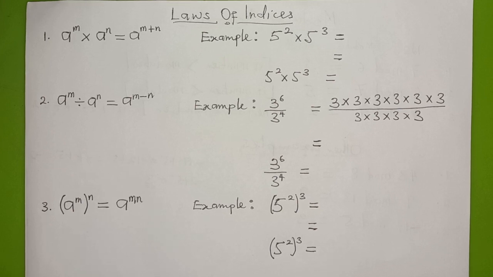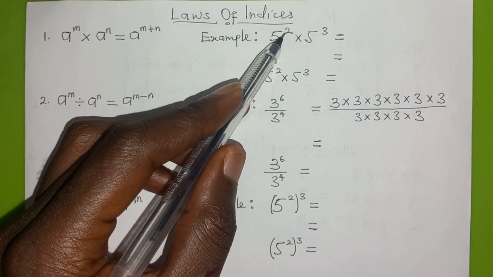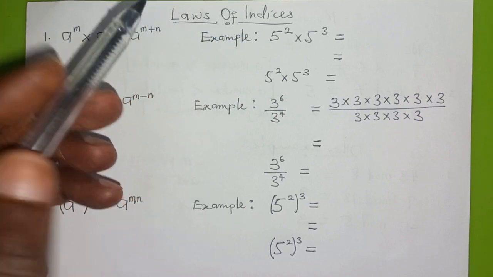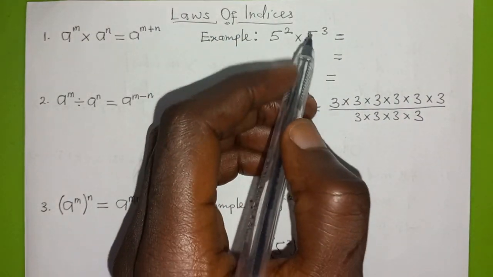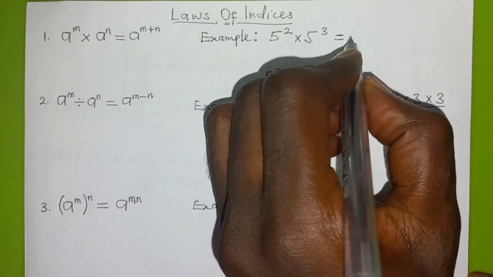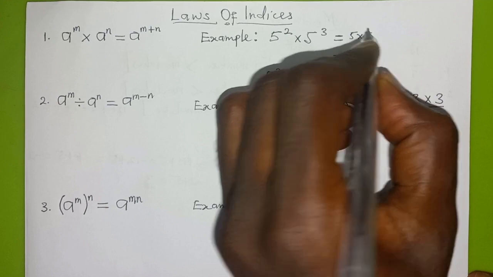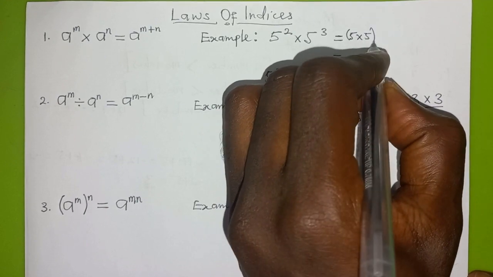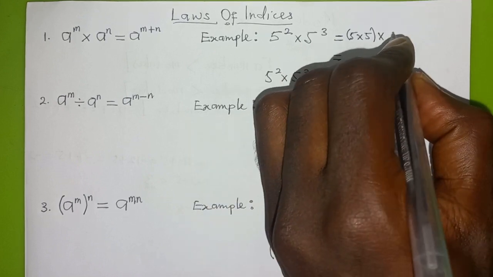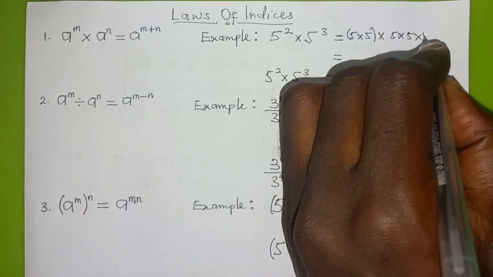Okay, so our example for today is 5 raised to the power 2 times 5 raised to the power 3. This concept is just the same as 5 times 5 times 5 times 5 times 5.